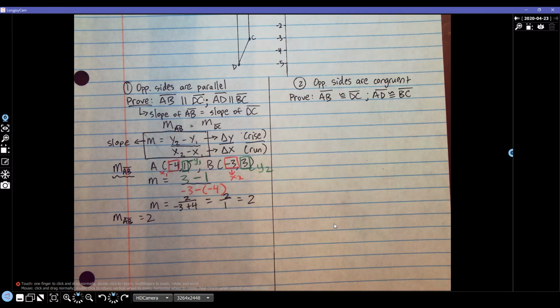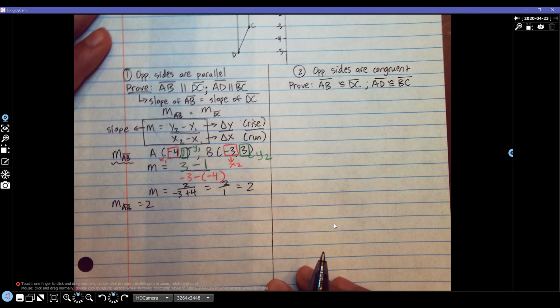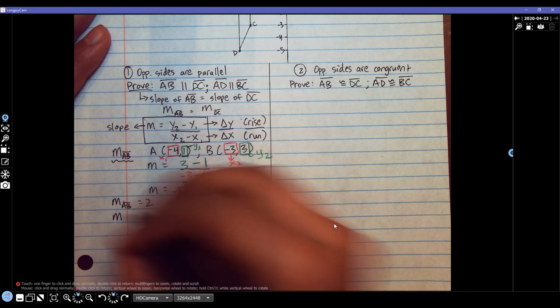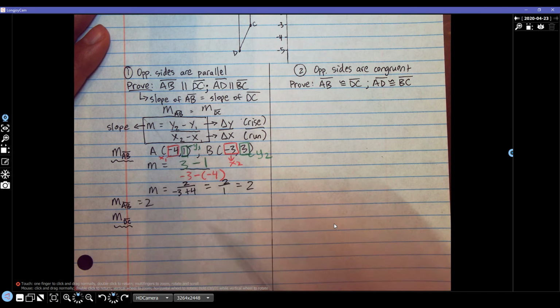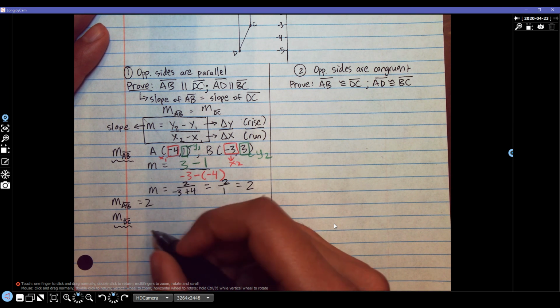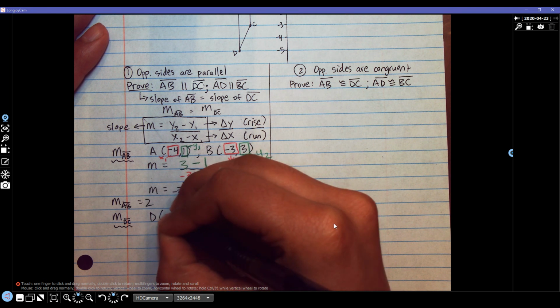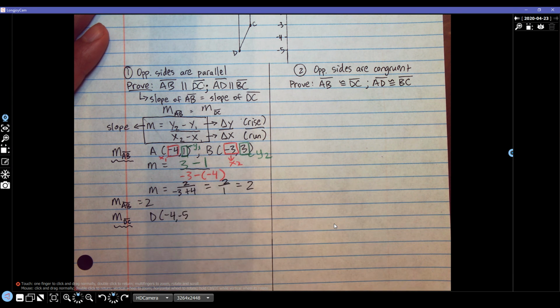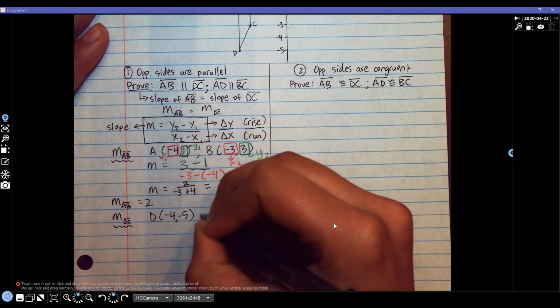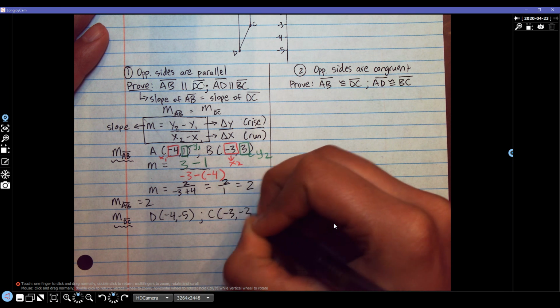So now that we have found slope of segment AB, we will go into finding slope of segment DC. So in this section, we need to look at point D, which is -4, -5, and then point C, which is at -3, -3.